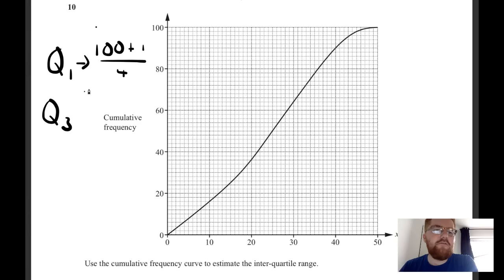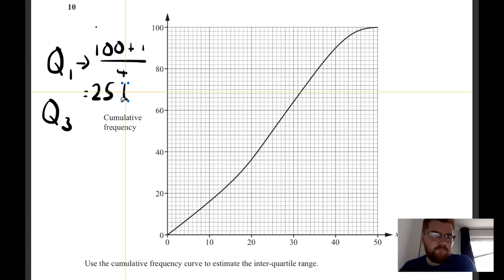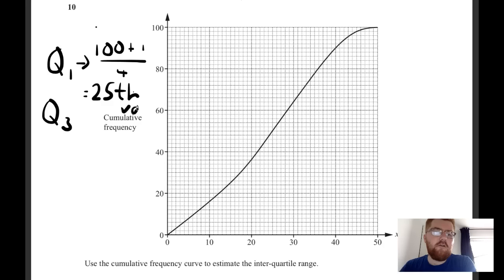And if you do that, 100 divided by 4 is 25, so it's going to be the 25.25th value. Now, as you can probably imagine, it's going to be very hard to distinguish between the 25th and 25.25th value. So I'll put 25th value.